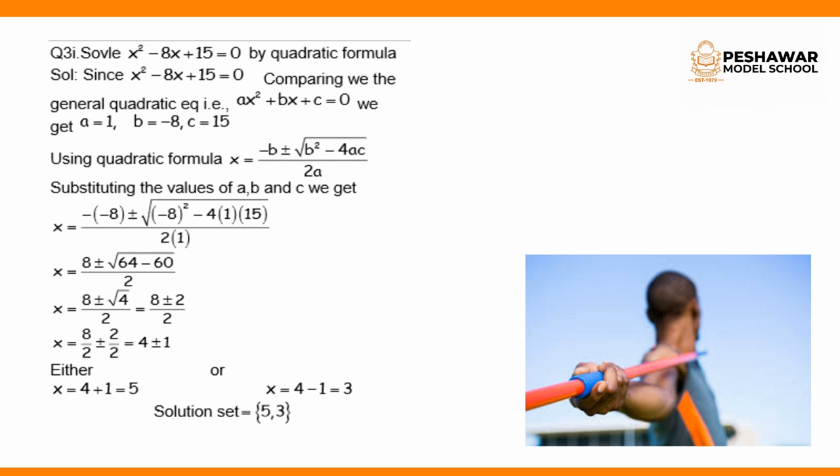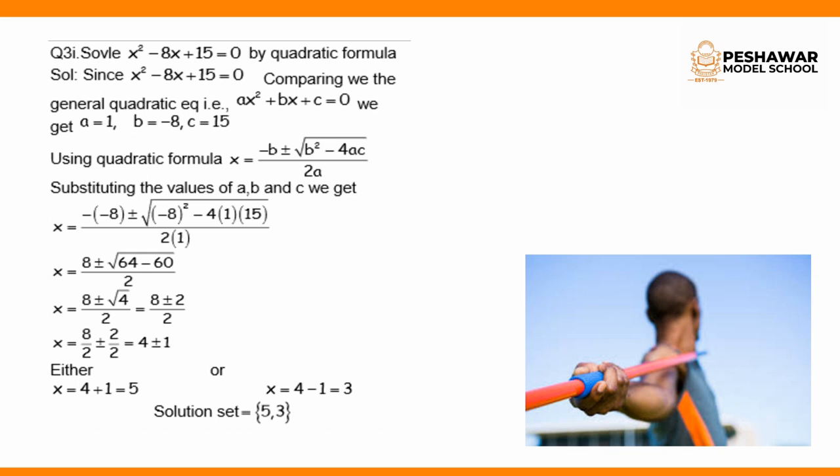So coming towards the example, solve x square minus 8x plus 15 is equal to 0. As we can see that the given equation is in the standard form, so comparing it with the general form of quadratic equation, that is ax square plus bx plus c is equal to 0, here a is equal to 1, b is equal to minus 8 and c is equal to 15.